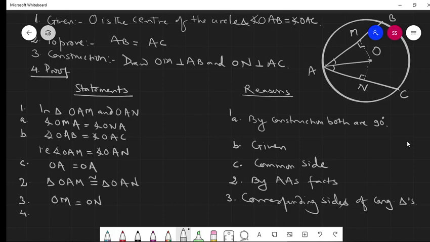And number 4: AB equal AC, the reason is OM and ON are perpendicular and equal.